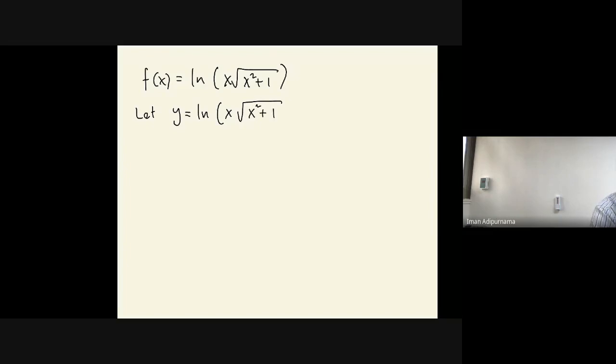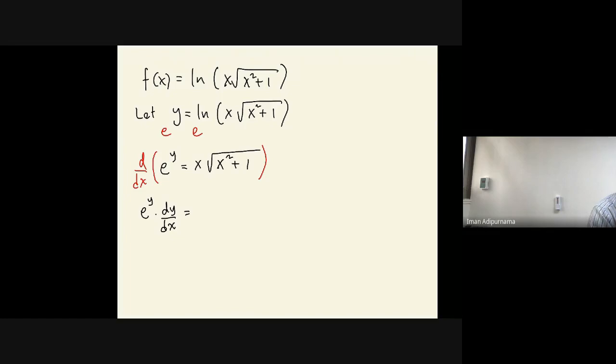Let me make this with e. So I will have e to the y equals x times the square root. And then let me differentiate. This will be e to the y, and then don't forget dy dx.